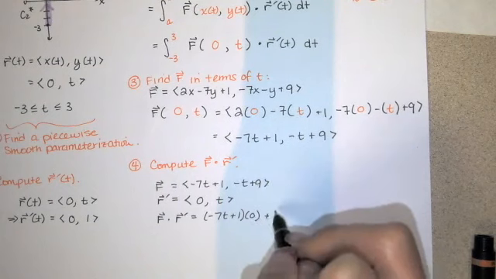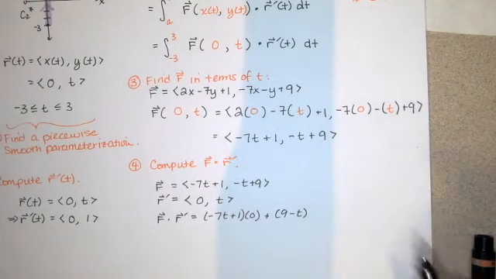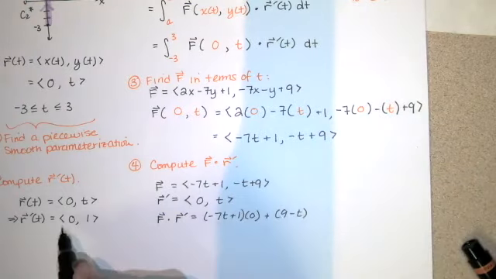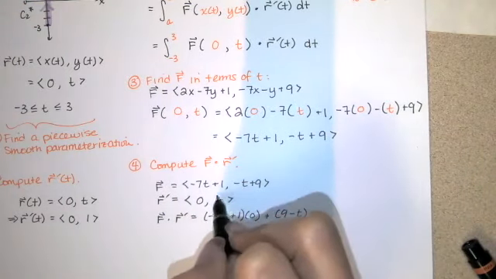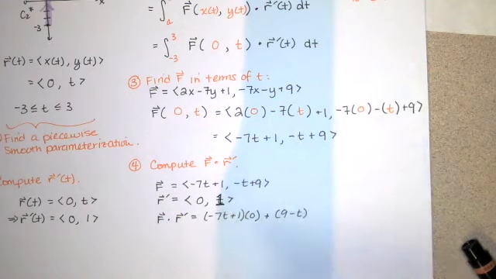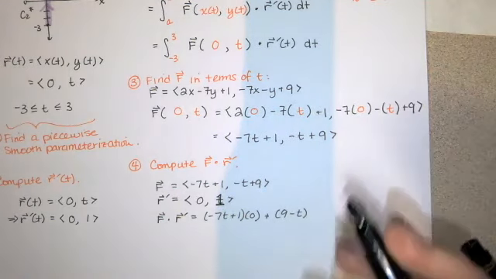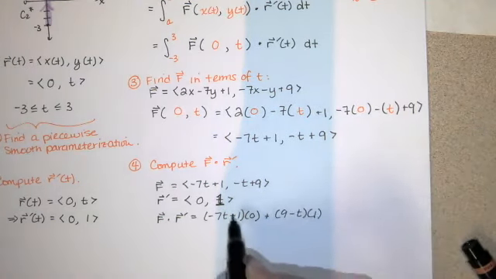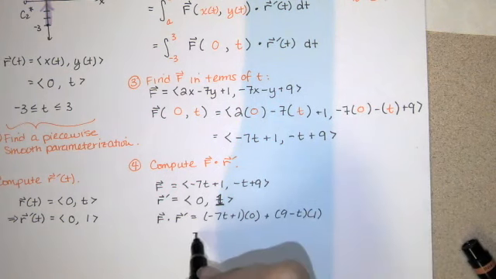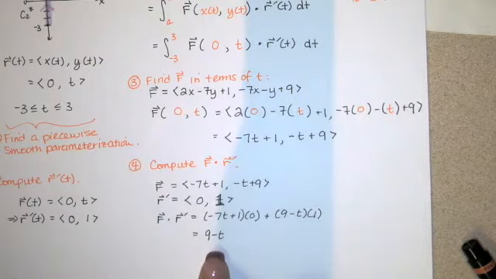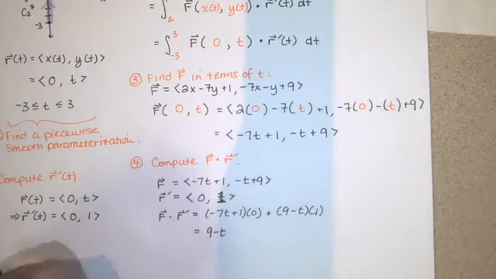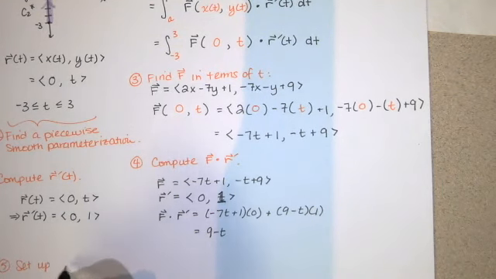Take the y component, so I'll just write in this other order, 9 minus t, and multiply it by the y component. Oops, the derivative of r had components 0 and 1, not 0 and t. Anything times 0 is 0, so that's gone. We just end up with 9 minus t. That's going to be our integrand. That's what gets substituted right there. So from here, we will set up the integral in terms of t.